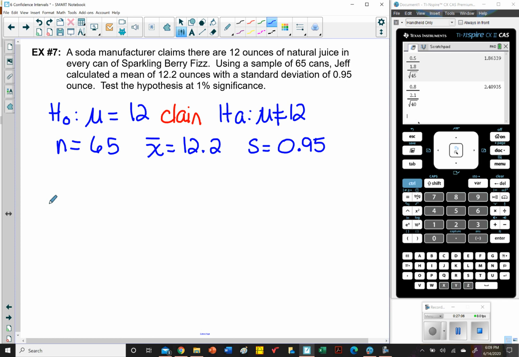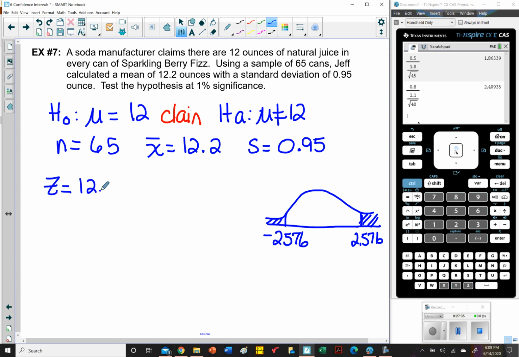So 1%, that's 2.576, right? So 99%. We're looking for our data to fall in a two-tailed test, either over here in the negative 2.576 or over here in the positive 2.576 to get 99% significance. So we need a z-value.